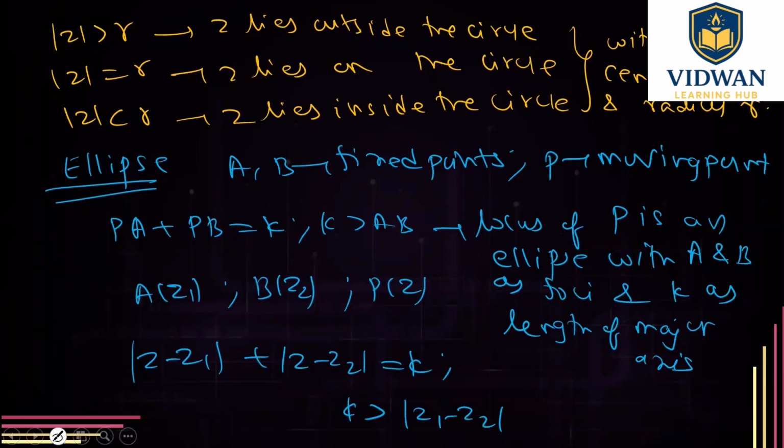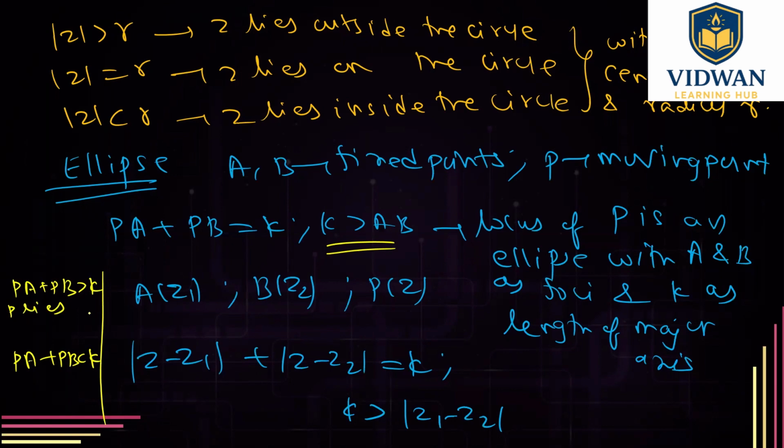So you can make a conclusion: if you get PA plus PB greater than K, where K is greater than AB, P lies outside the ellipse, the same ellipse with A and B as foci and K as the length of the major axis. And if PA plus PB is less than K, P lies inside the ellipse.